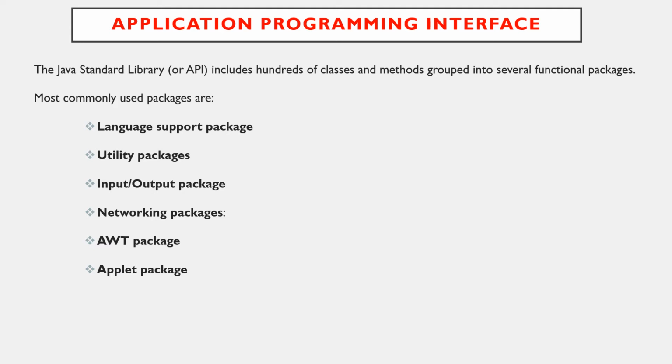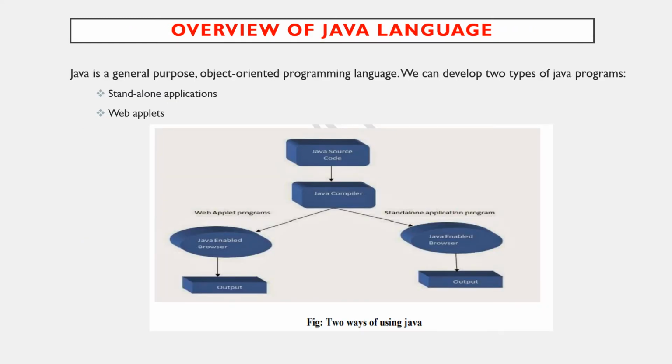Already you know the definition of an applet: an applet is a small Java program that runs in the web browser. These are some of the most commonly used packages in Java.